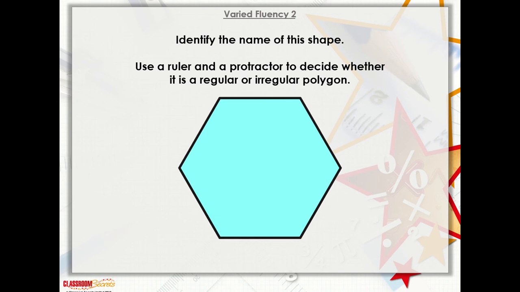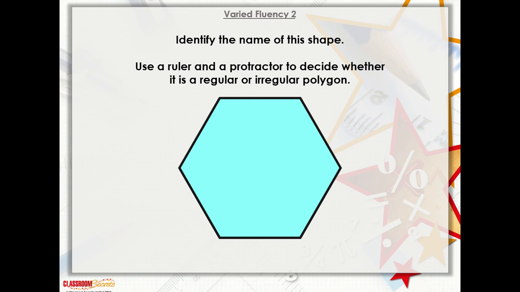Okay, what's the name of that shape? Identify the name. It's got 6 sides. What is a 6-sided 2D shape called? That's right, it's a hexagon. Okay, and I want you to measure the length of those sides. It does say use a protractor, but we're not going to do that today.